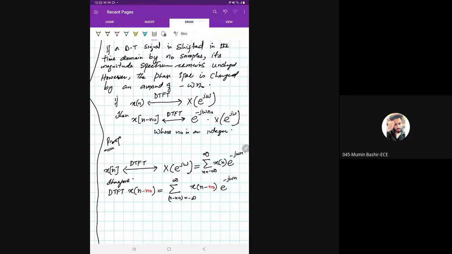So let me write down the general form n equal to minus infinity, but basically we will substitute it later on. It is n minus n naught now.